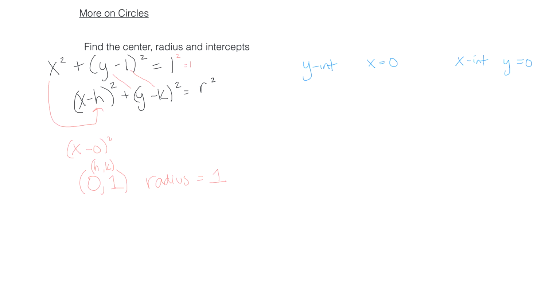I'm going to plug in the same exact formula that I was given. I'm just going to plug in x equals 0. So 0 squared plus y minus 1 squared equals 1.